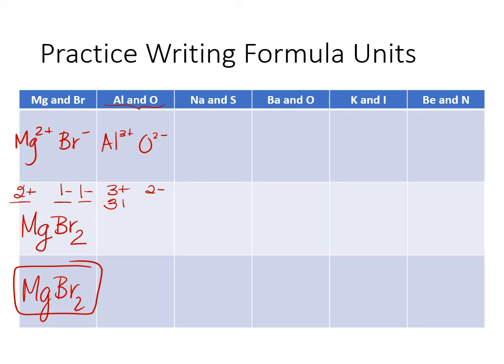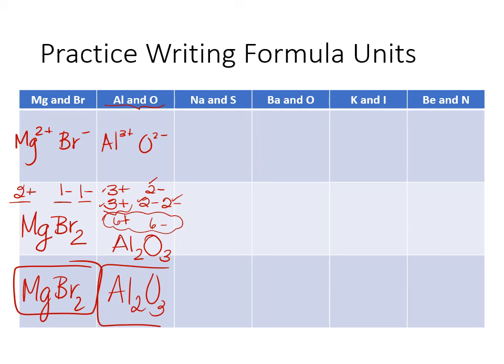If I do 2 3 pluses and 3 2 minuses, I've got a 6 plus and a 6 minus. It balances. So I write Al2 because I need both of those 3 pluses, O3 because I need each of those 2 minuses. Is that the lowest ratio? Yes, it is. Al2O3.